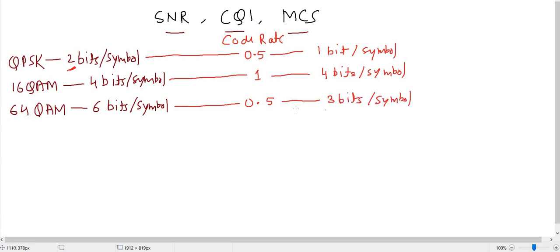Means half of the bits cannot be transmitted if code rate is 0.5. So what happened to those half bits? Means 3 bits, these 3 bits are carrying data. So other 3 bits will be added as a redundant bit, or you can say parity bit, which is used for error correction.